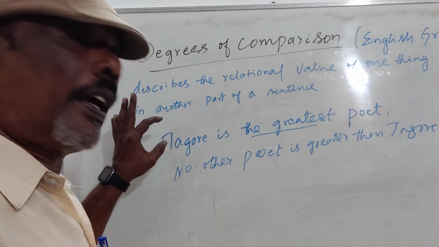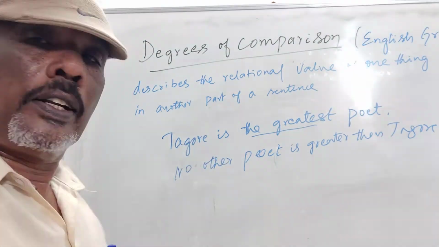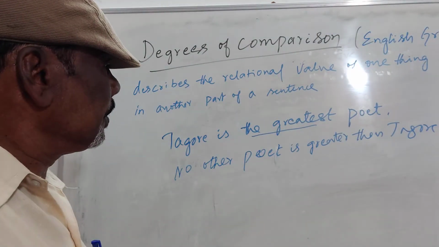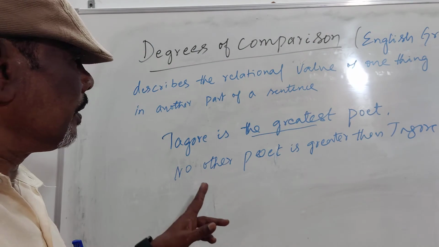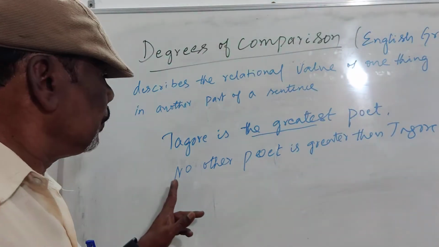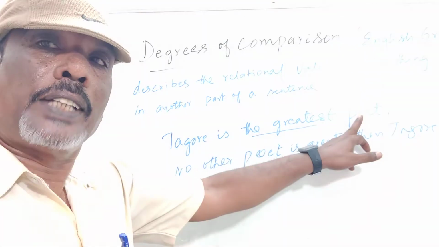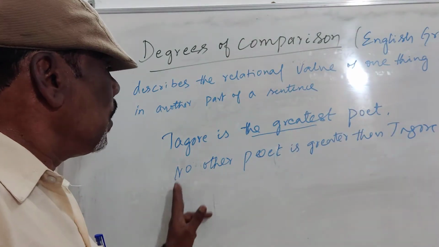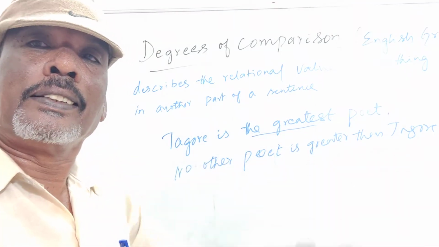It is an assertive, affirmative sentence where we don't see "not", "no", "never". So in such a case, we have to use "no other". No other poet, use that object. No other poet is greater than Tagore.